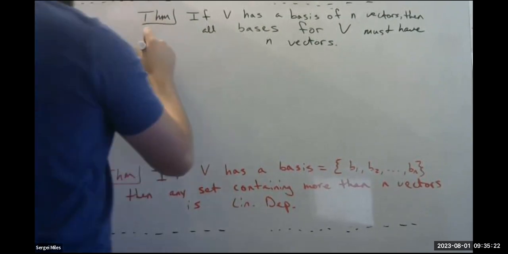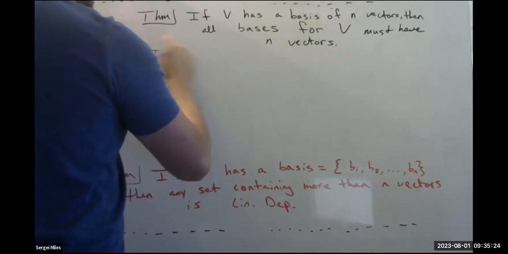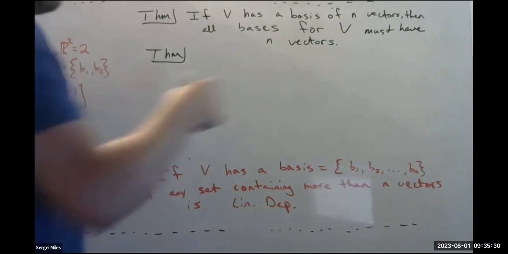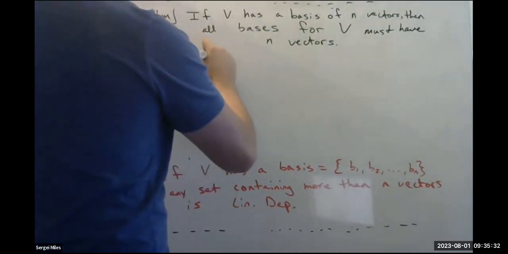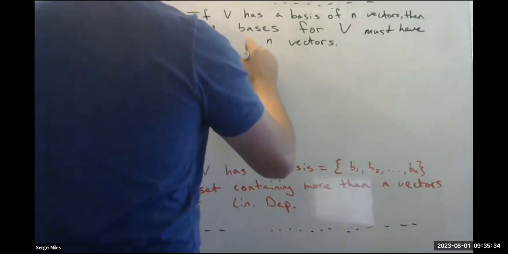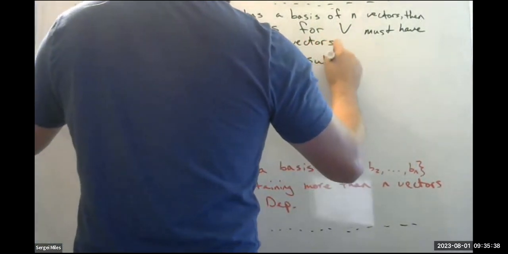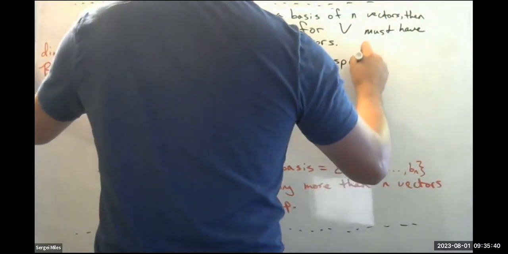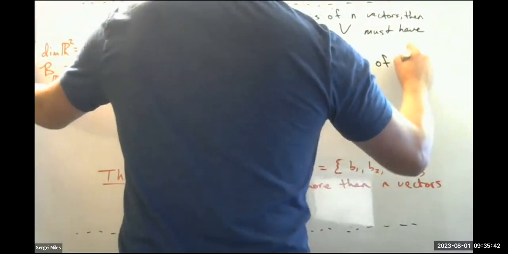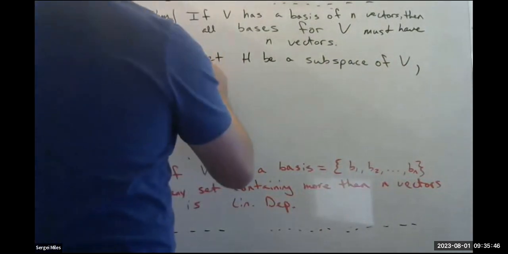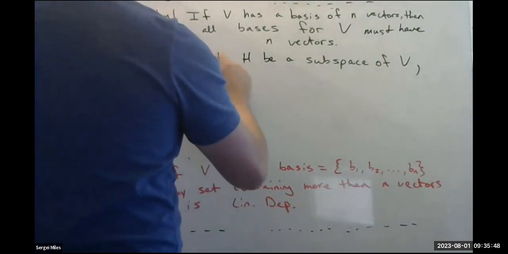Now this next one, we're thinking about subspaces. And this one you probably could have already guessed, but let's take a look. Let's say let H be a subspace of some vector space V with finite dimension.